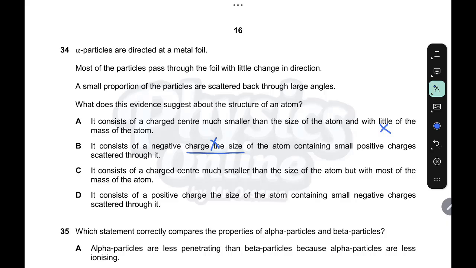It consists of a charged center much smaller than the size of the atom, with most of the mass of the atom. This is correct. It consists of a positive charge the size of the atom containing a small negative charge is wrong. So the atom is made up mainly of empty space, and there is a small, dense positive charge in the middle. This is the structure of the atom.